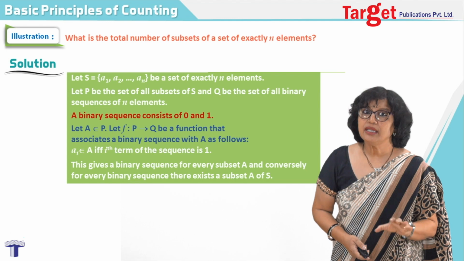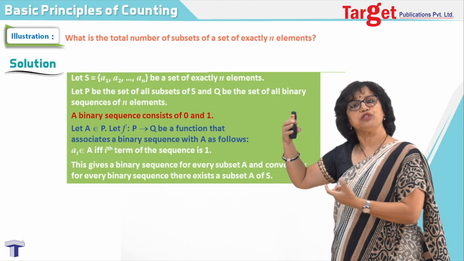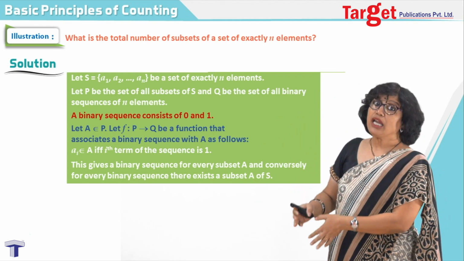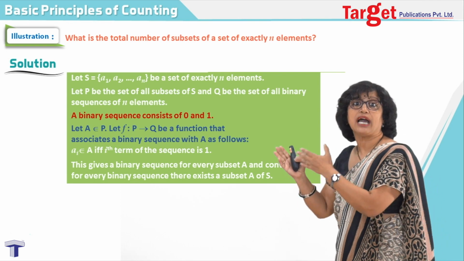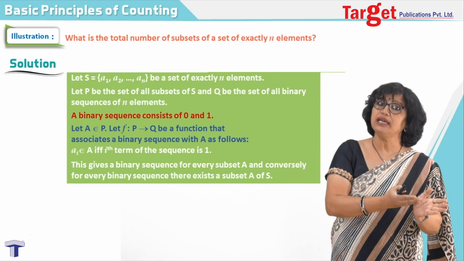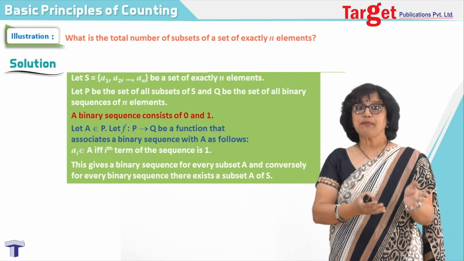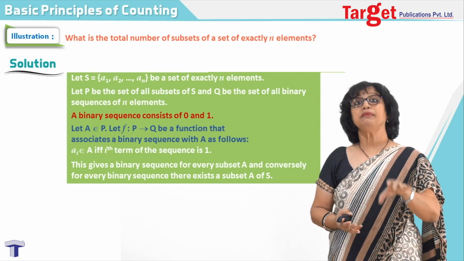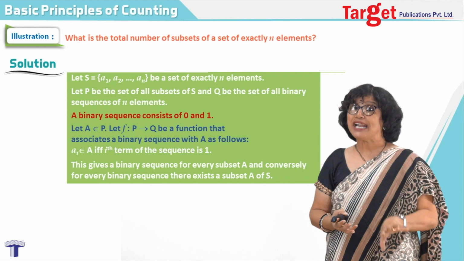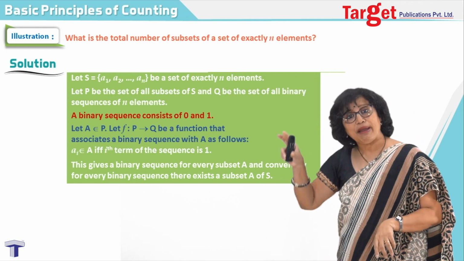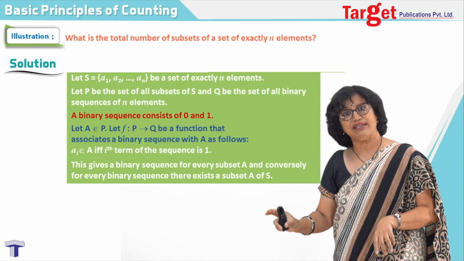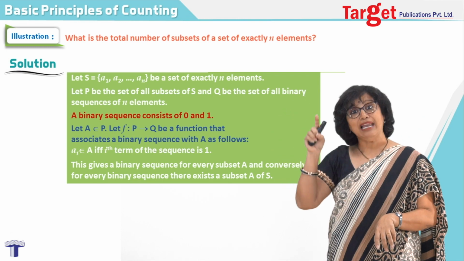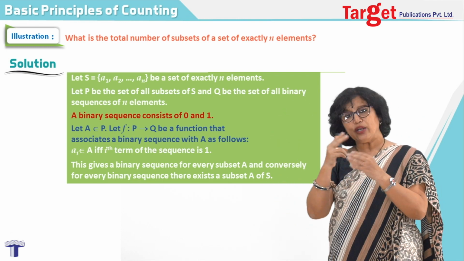So what will happen? For every subset I am in a position to write a sequence, and if I can write a sequence on my own, I should be able to generate correspondingly the subset also. That means the number of subsets, whatever I am writing here, that is the number of elements of set P, and the number of binary sequences, which comes as the number of elements of set Q, would they not be equal?